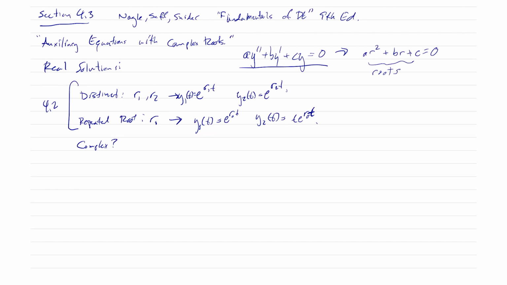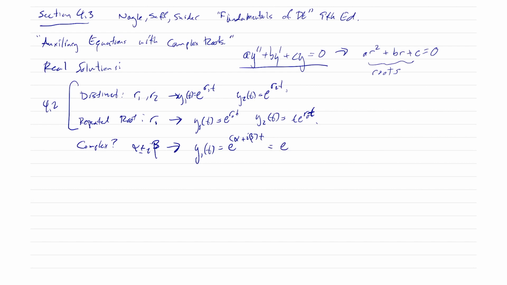Now the question is, what do we do if it's complex? And so the answer would be, say you get alpha plus or minus i beta. Then you have y1 of t is equal to e to the alpha plus i beta t. This is the root to the equation after all, so it should have to go in there.